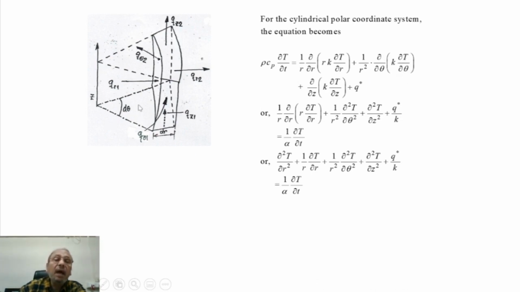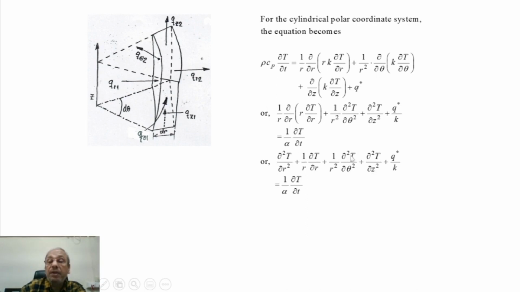Theta is the direction of the angular variation, and this is del Z of K del T del Z plus Q star. So further simplification will give Laplacian T in cylindrical polar coordinate system, that is del 2T del R2 plus 1 by R del T del R plus 1 by R square del 2T del theta 2 plus del 2T del Z2.